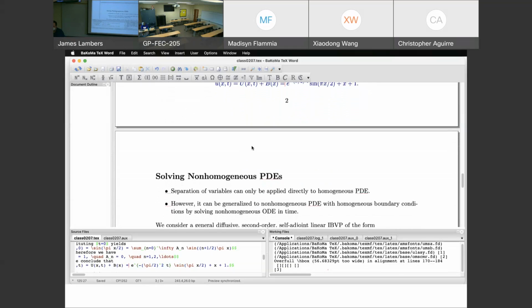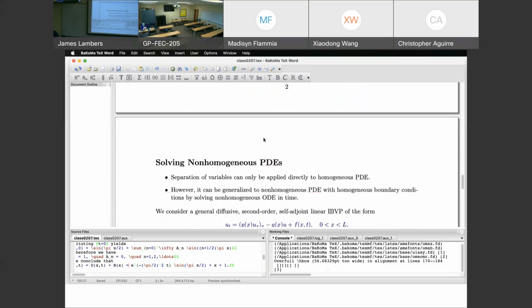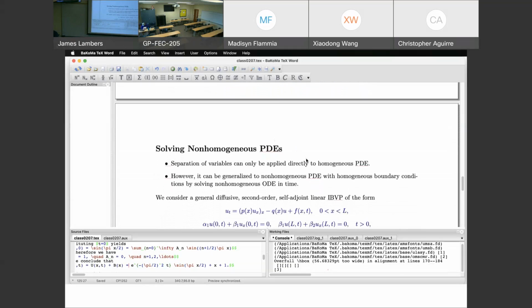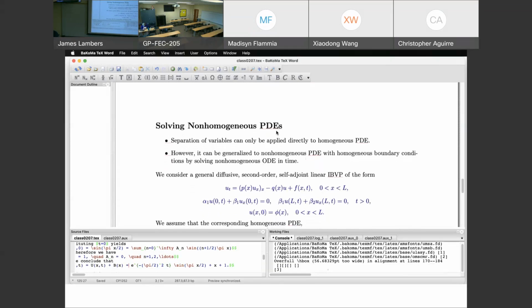Now, in this example, when I made the boundary conditions homogeneous, thankfully the PDE was still homogeneous, so we could just go directly to separation of variables. But that doesn't always happen. If the PDE turns out to be non-homogeneous, then separation of variables, as we've seen it, cannot be applied directly.